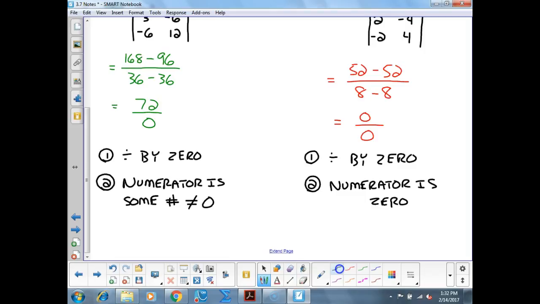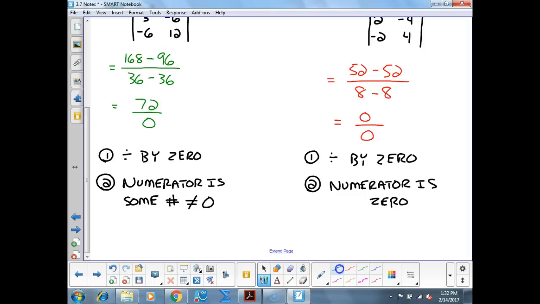Okay? So that's the classification between the two. Okay? So if we're in a no solutions case, we're dividing by 0, and the numerator is some number other than 0. If we're in an infinite solutions case, both numerator and denominator are 0.